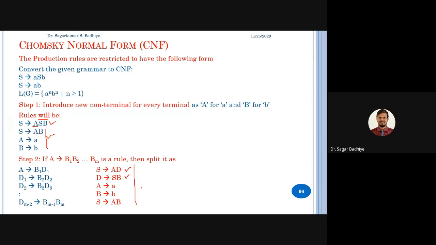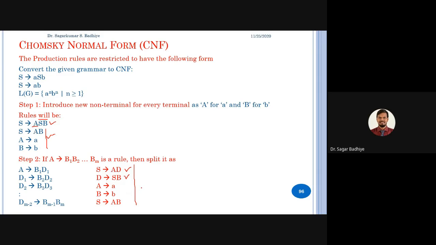For converting a given grammar to CNF, you simply need to apply two steps. In the first step, you introduce a new non-terminal for all terminal symbols, and replace them on the right hand side of the production rules, and you add a new rule for them.